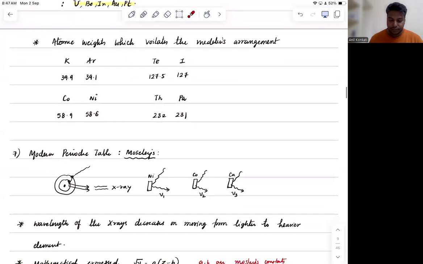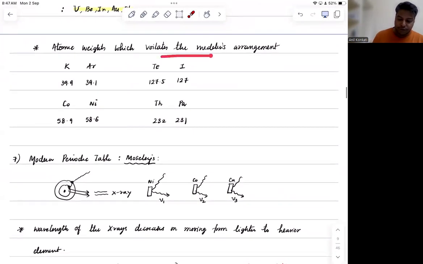Next, atomic weights which violate Mendeleev's arrangement. That includes potassium and argon, because as per increasing atomic mass we have to arrange, but argon and potassium are almost the same mass, close by mass. Tellurium and iodine, again this is violating. We are placing tellurium first and then iodine next.